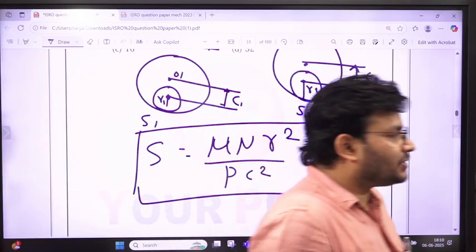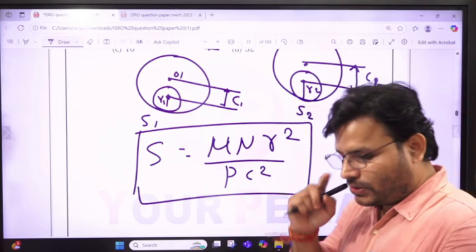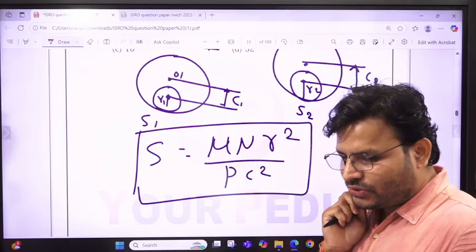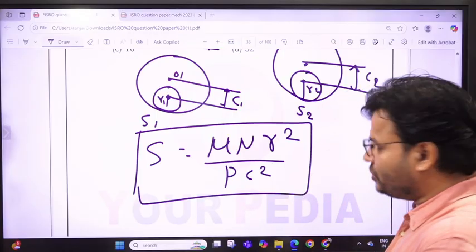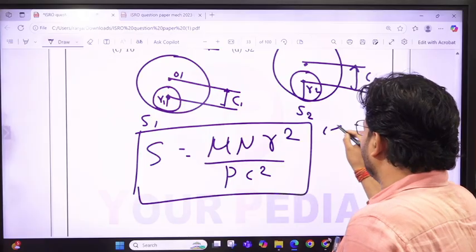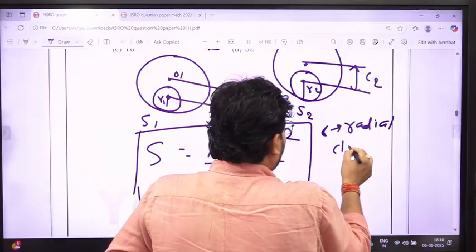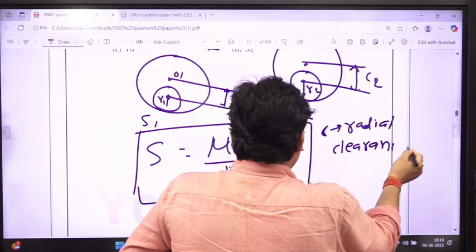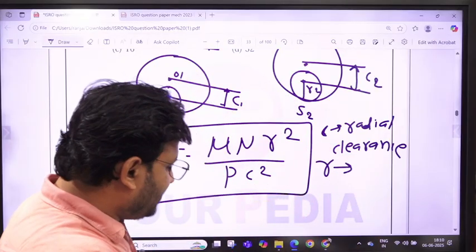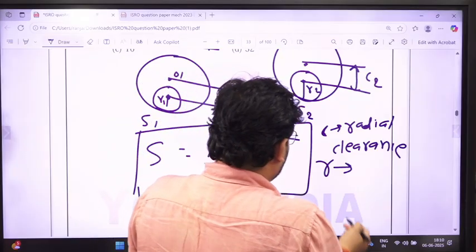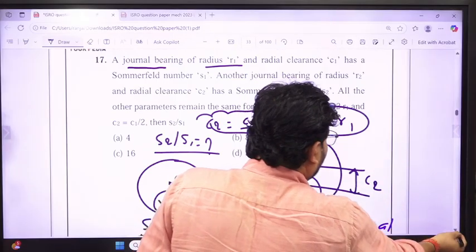Mu is dynamic viscosity, or you can say coefficient of viscosity. N is rpm, revolutions per minute, or rotational speed. R is the journal radius, P is bearing pressure, and C is the radial clearance.